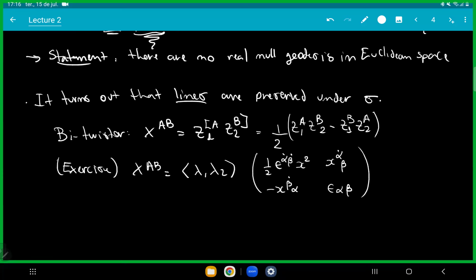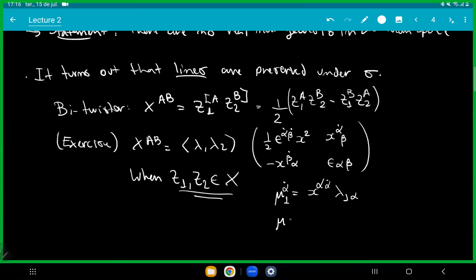So you can write this bi-twistor over here when Z1 and Z2 are on the same line, because then your incidence relation only depends on X. It doesn't depend on X and Y, meaning that mu alpha dot is equal to X alpha dot lambda 1 alpha, and also that mu beta dot is equal to X beta dot lambda 2 beta.